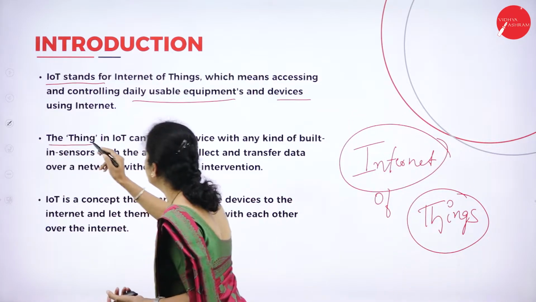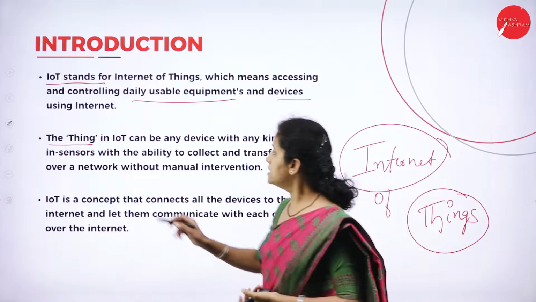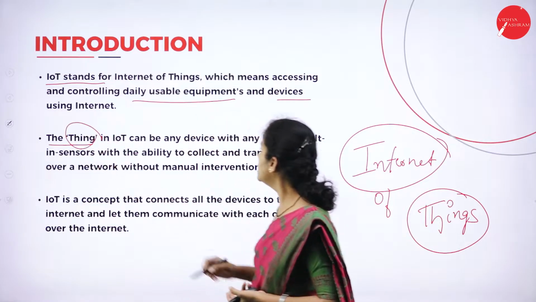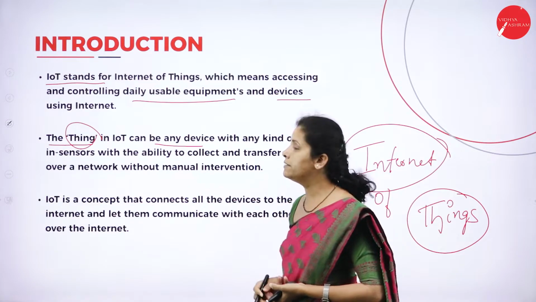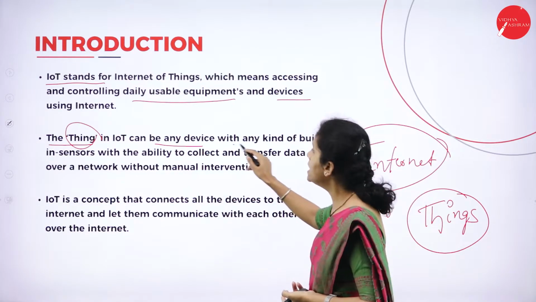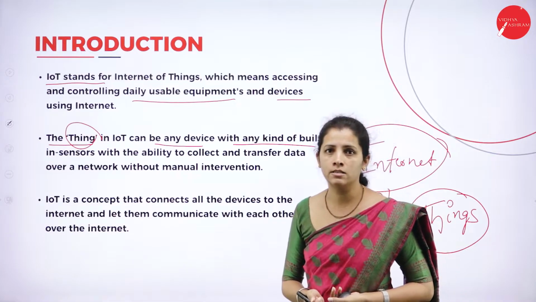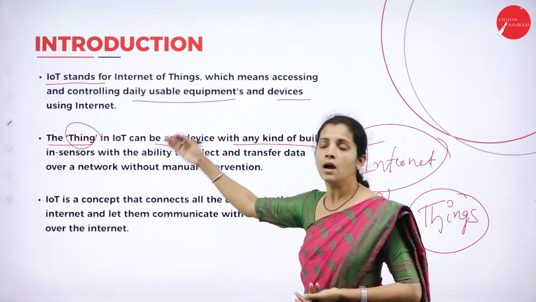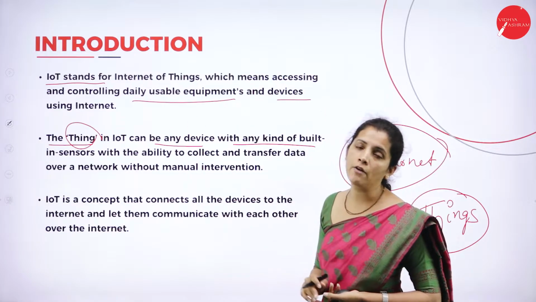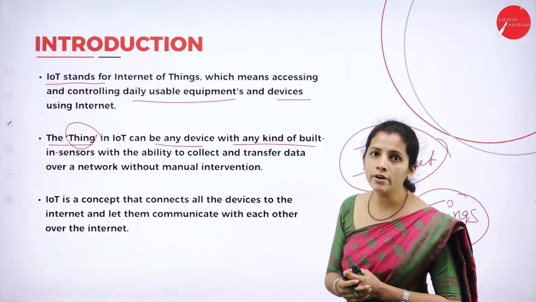So the thing in IoT, what is thing here? Thing can be any device with any kind of built-in sensor. So thing can be any electronic device, but it must have a sensor. And what kind of sensor?